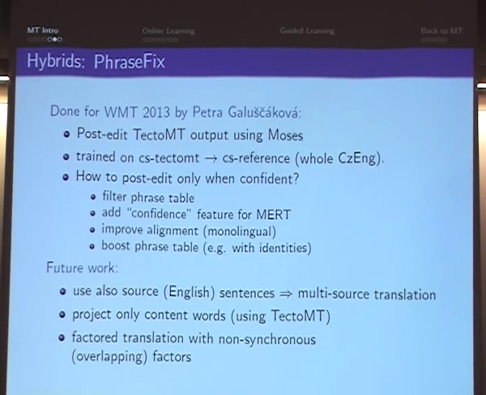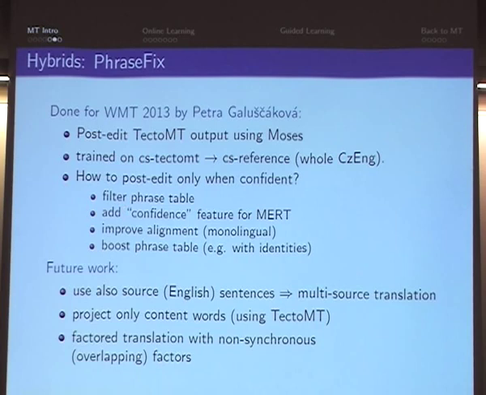These are really errors of TectoMT. So when I was satisfied with the quality of the phrase table, the quality of the PhraseFix was really low. The problems are hard to explain now, but it may have to do with out of vocabulary words and the language model and so on. We are not sure exactly how to deal with this.